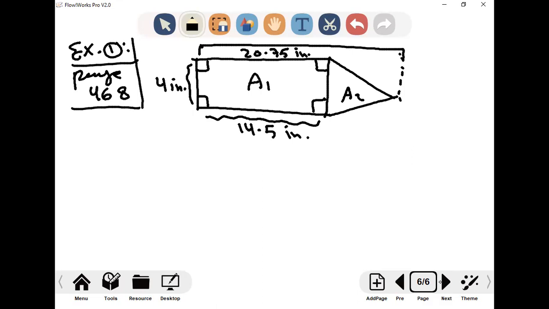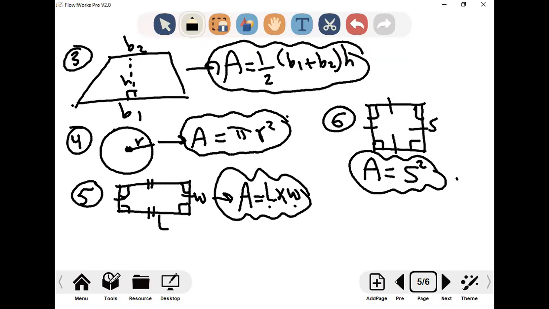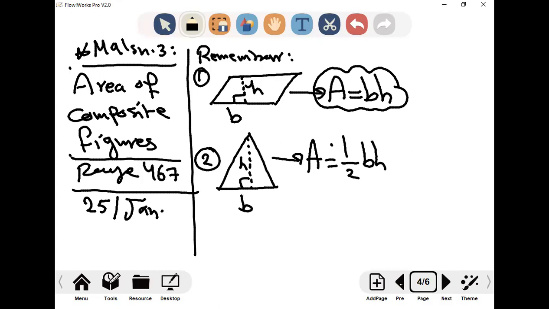Now the triangle. What do I need for the triangle? I need the base and the height. The height can be inside or outside. When I say this is the rectangle, this is the height of it. Done?